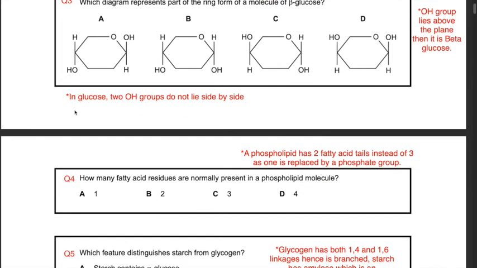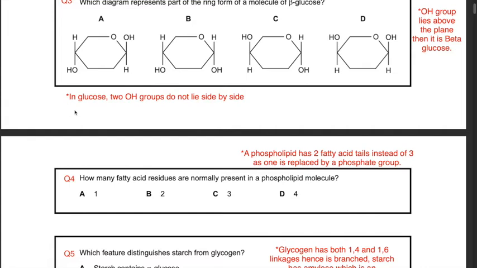Question 3. Which diagram represents part of the ring form of a molecule of beta-glucose? In beta-glucose, the OH group or the hydroxyl group lies above the plane. If it lies above the plane, that is beta-glucose. And if you go through the answers A, B, C and D, answers A and D both show the hydroxyl group on the first carbon lying above the plane.